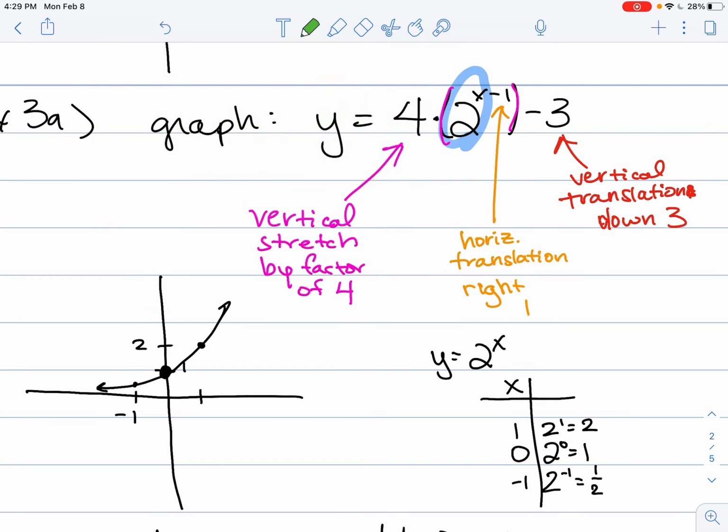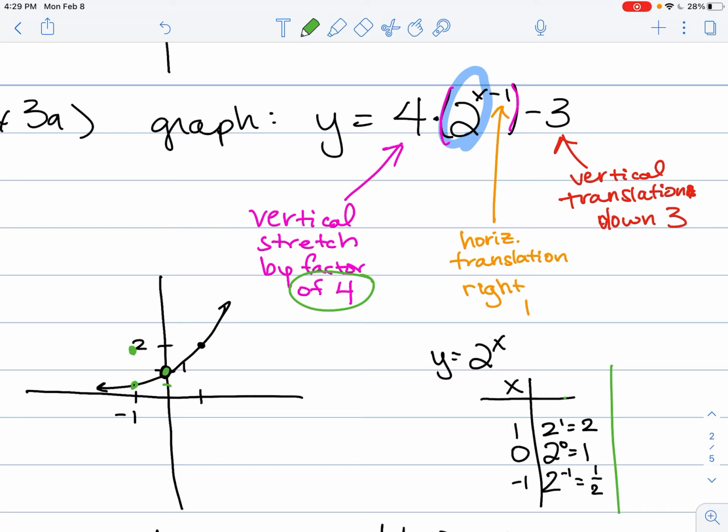Now let's graph our new function, okay, where we're going to go stretch by a factor of 4. Okay, so everything's going to quadruple. Okay, so if my height is 1/2 times 4 is 2. So this point now moves right here. It's going to be 4 times taller.